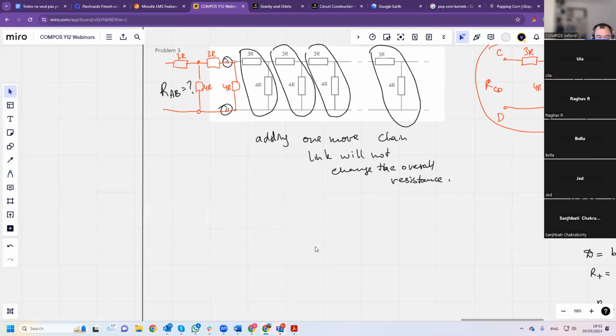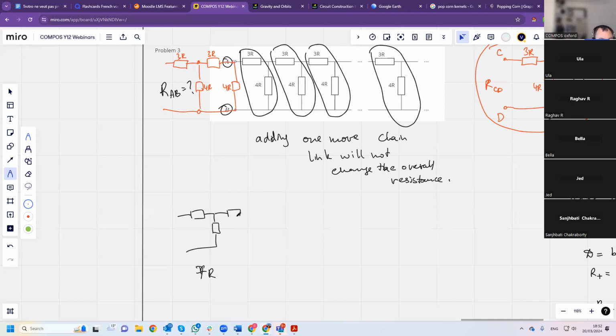If you start with one chain, the question is, can you say it tends to that answer? If we have one chain link, we find the resistance. The resistance is 7R, of course, because 3 and 4 is 7.